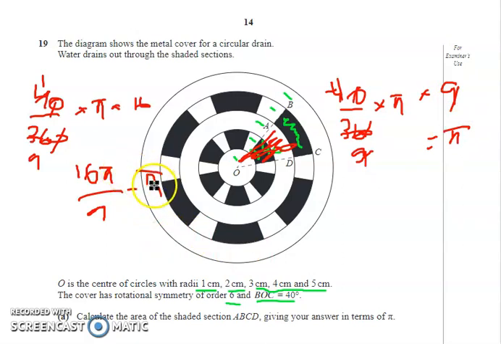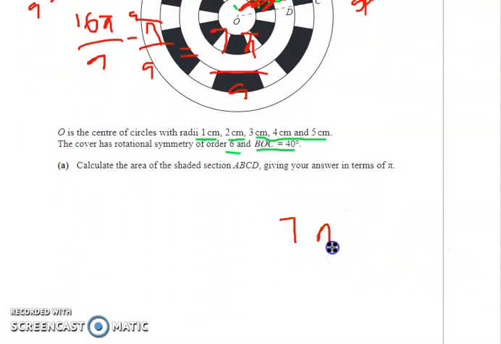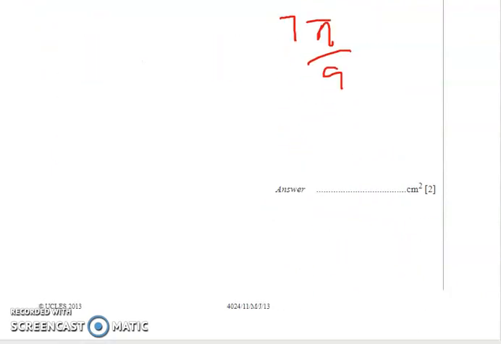So 16 pi minus pi, we can even keep it as 9 pi upon 9, so that we can subtract it. So this is 7 pi over 9. So the area will be 7 pi over 9 centimeter square.